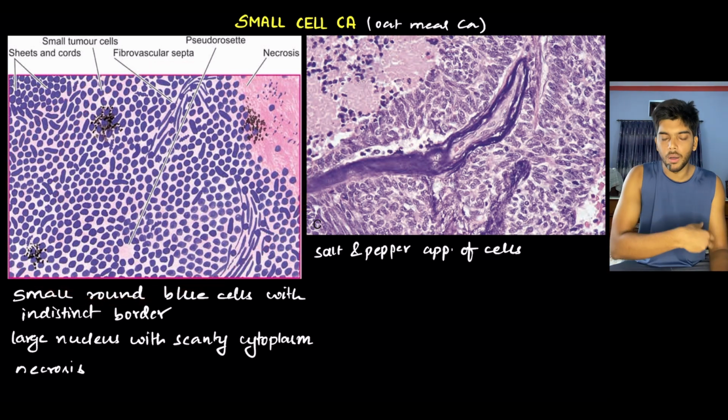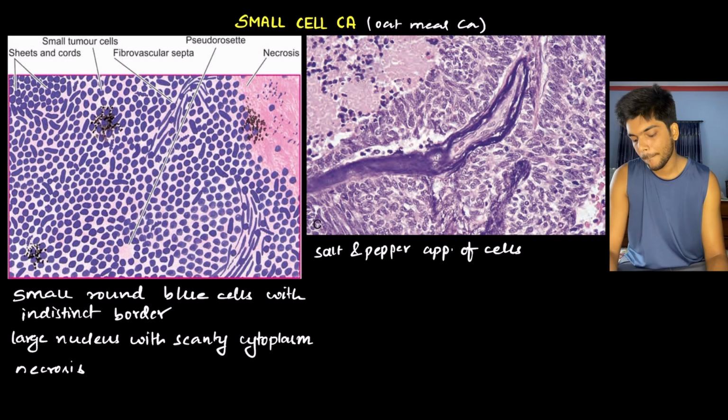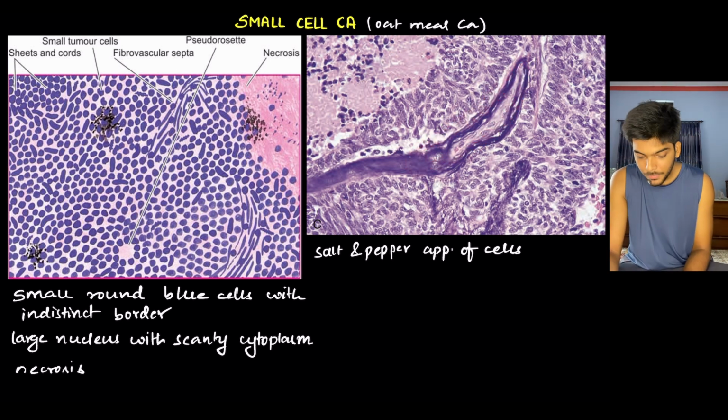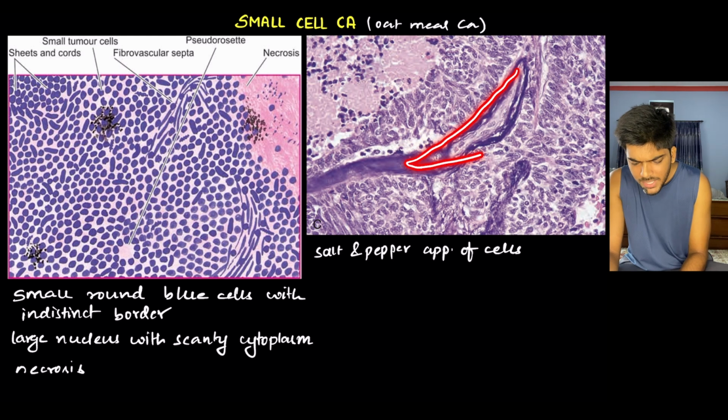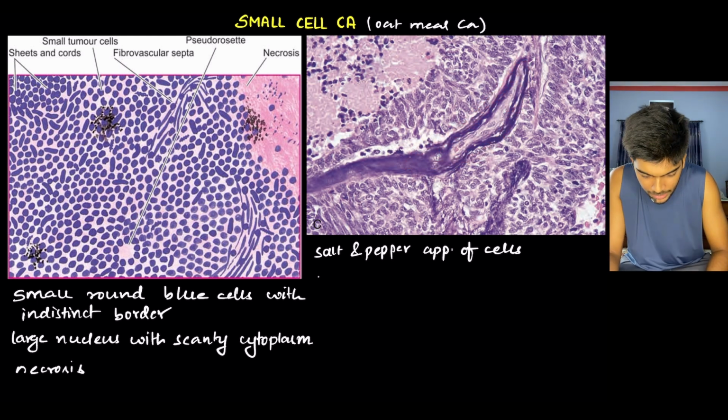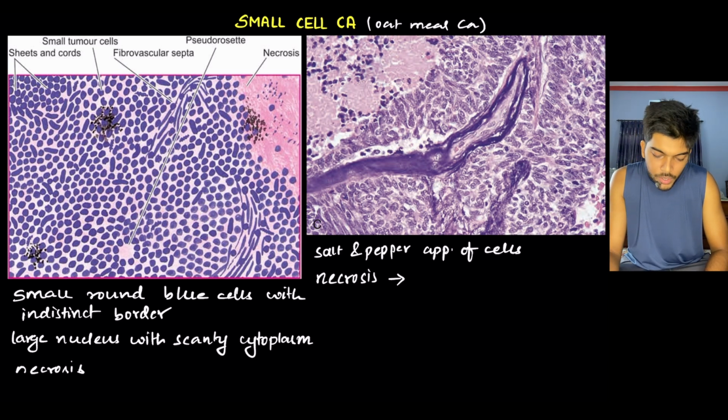Okay, oatmeal appearance. Another thing, what you see right here is the wall of a blood vessel, and the wall of the blood vessel appears really blue or basophilic. Why? This is the reason why I said that the necrosis part is important. Due to the necrosis of the tumor cells, the DNA from inside the tumor cells leaks out.